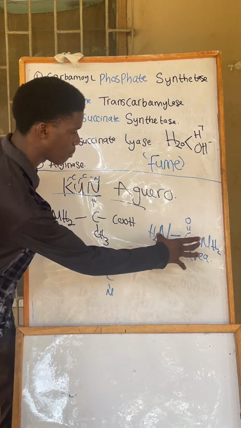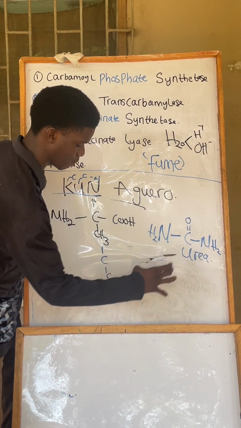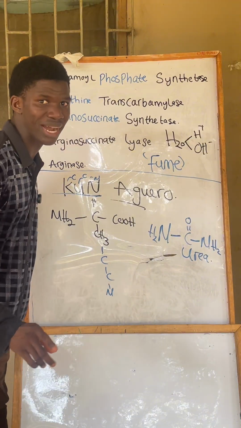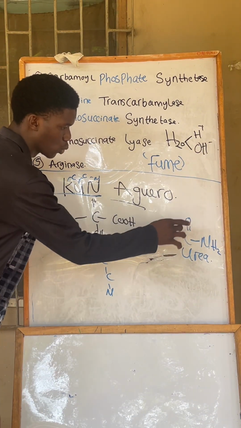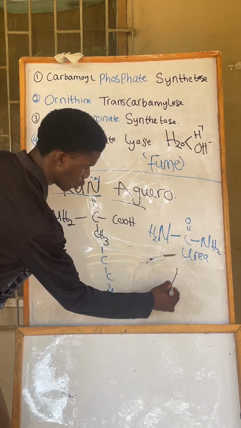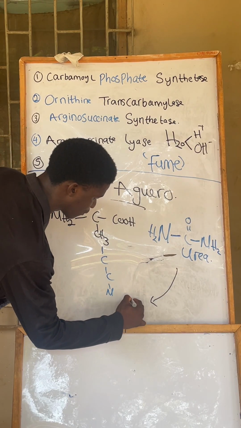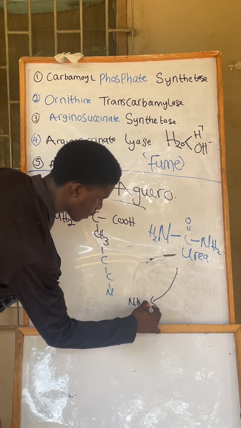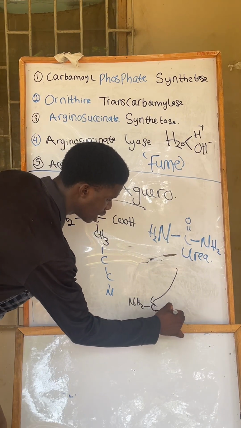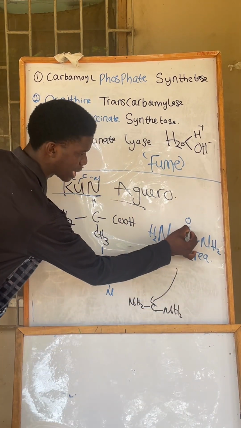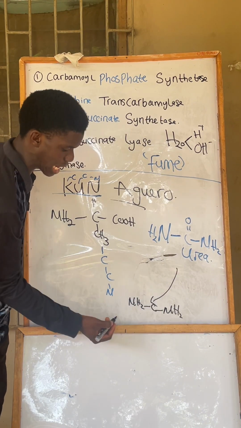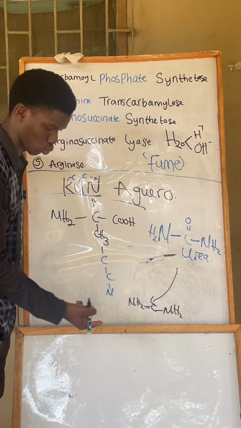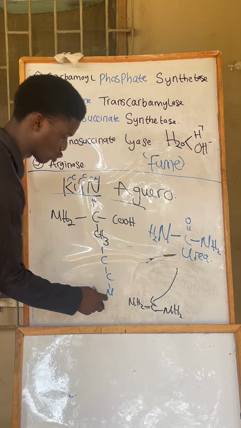So now I'm going to bring this guy here and attach it here. But mind you, for this guy to come here, the oxygen will go. So by the time it's coming, I will just have ordinary NH2 carbon NH2. And the double bond that was there before would have shifted to one of the nitrogen, either this nitrogen or this one. Do you understand it? So I will then attach it here.